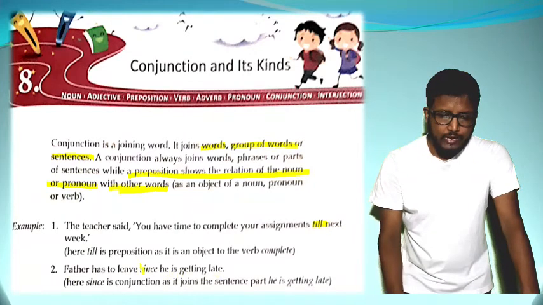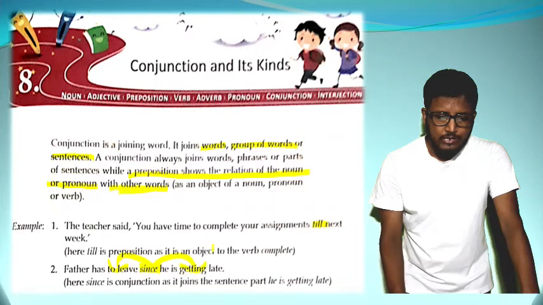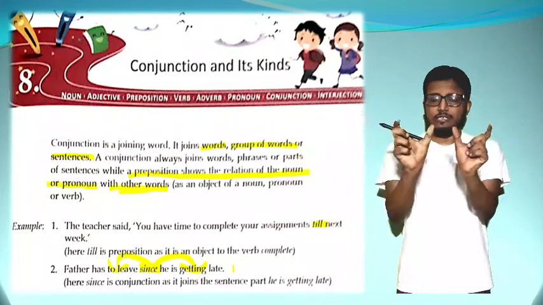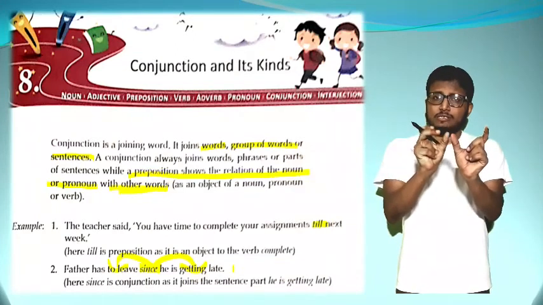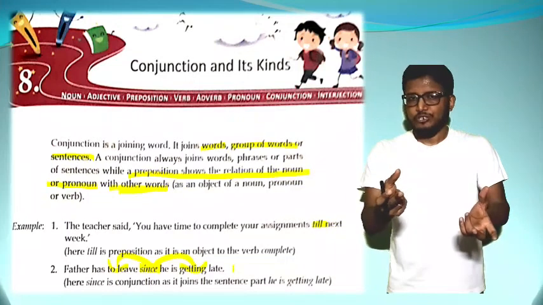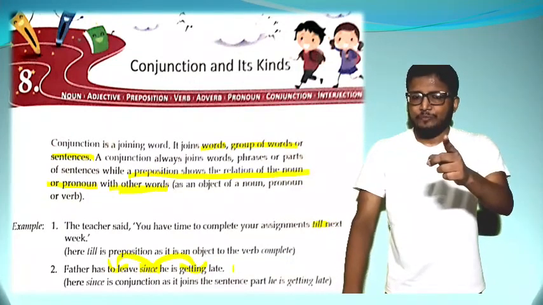And now: father has to leave since he is getting late. Here the word since is joining two sentences. Look at it: father has to leave and he is getting late. These two sentences we are joining with the word since. So here since is working as a conjunction, though since is a preposition of point of time or period of time.